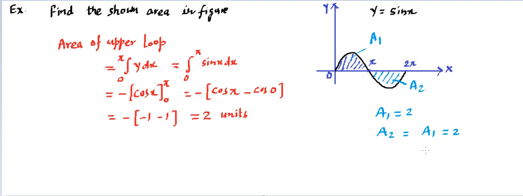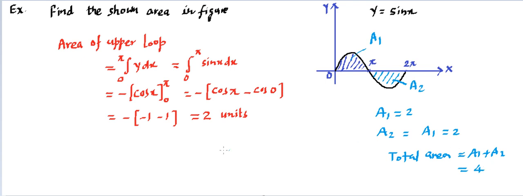So total area is going to be 2 plus 2, that is 4. So the total area of one complete loop of sine, or whatever is visible, is A1 plus A2, and that's going to be 4 units.